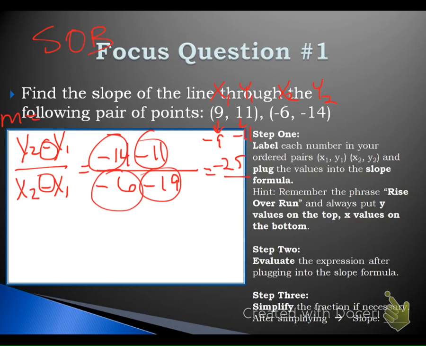That's 25. So negative 25 over 25 reduces, so your slope is equal to just negative 1. So simplify the fraction if necessary.